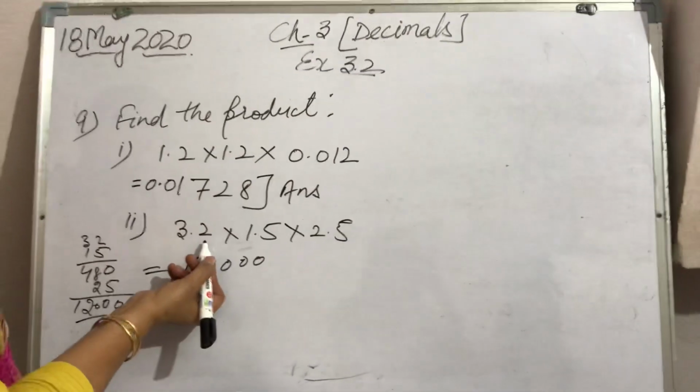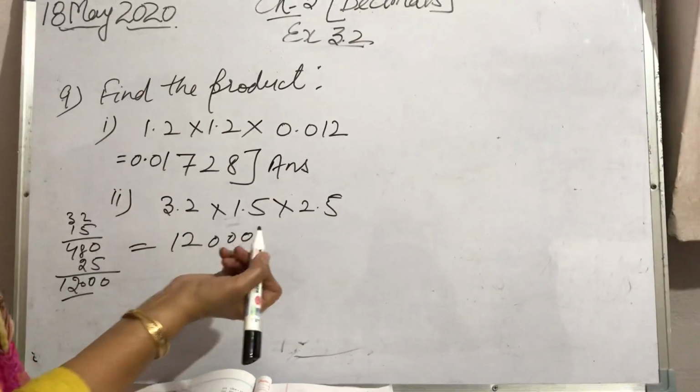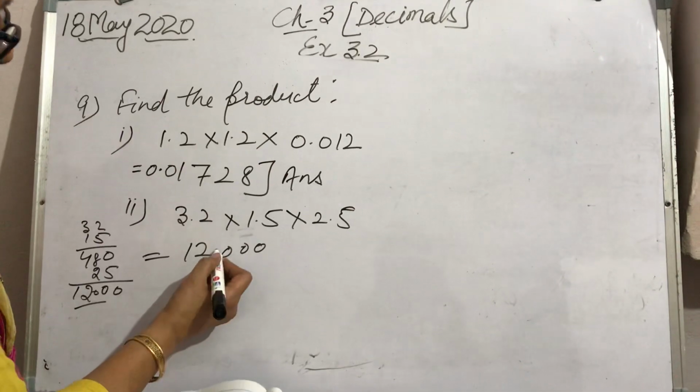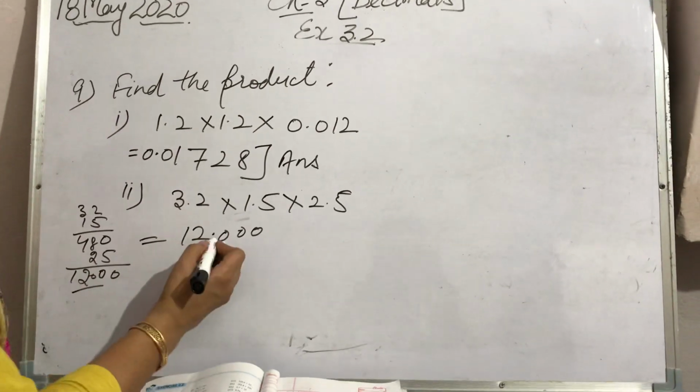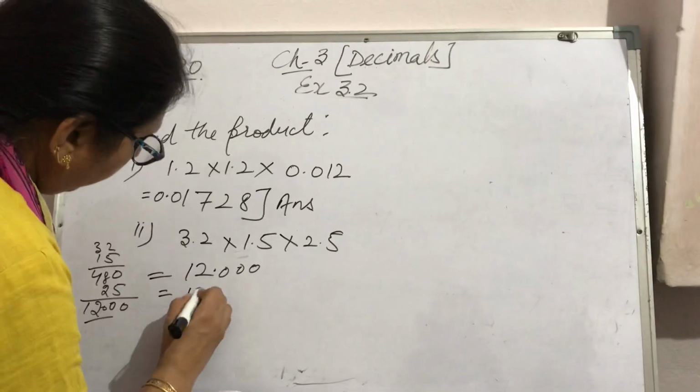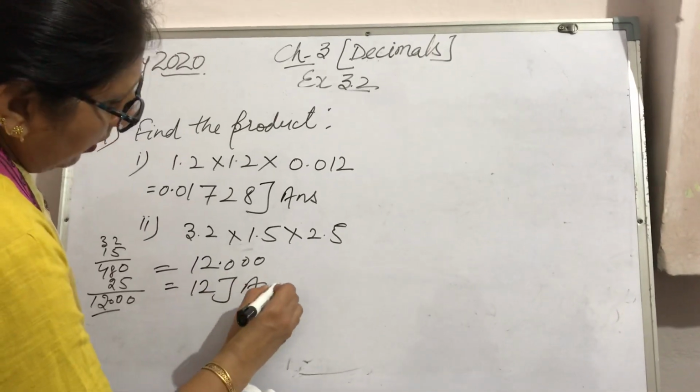Now decimal places are 1, 2, 3. 3 decimal places we have. After the decimal the ending 0s we can leave. So the answer is only 12.